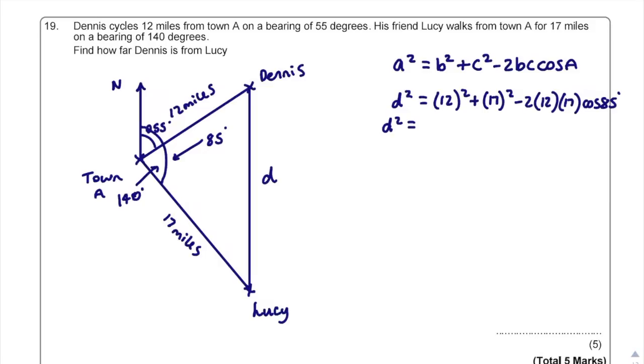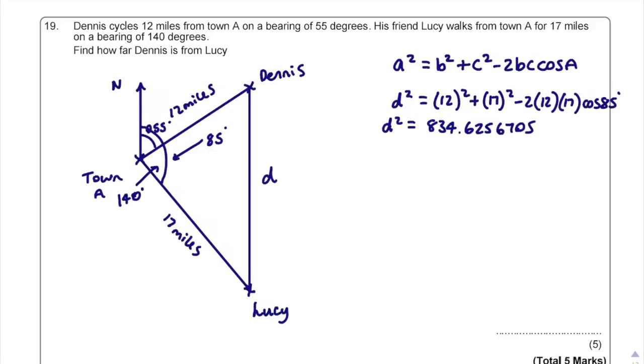So if I work that out on my calculator, 12 squared plus 17 squared minus 2 times 12 times 17 cos 85, that is equal to 834.62566705.